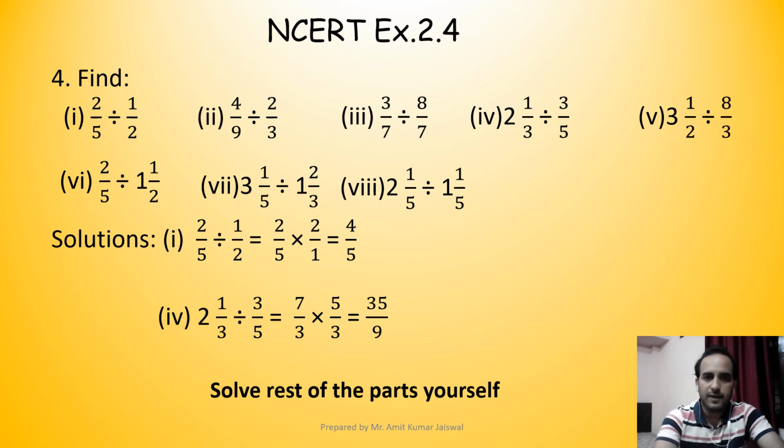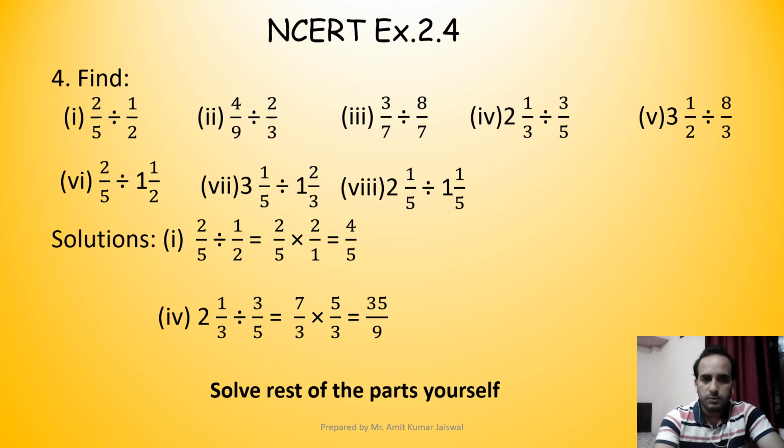So 4 upon 5 is the product we have got and it is in its lowest form, simplest form, so we cannot do anything further with this product. So 4 upon 5 is the final answer, the quotient we have got when we divide 2 upon 5 by 1 upon 2.